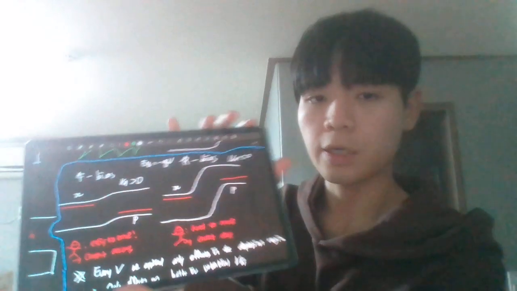And for the reverse bias, it makes the energy band steeper, which makes it hard for the electrons to move to the other side, making the current stop. Like I said before, the applied voltage only affects the built-in potential.